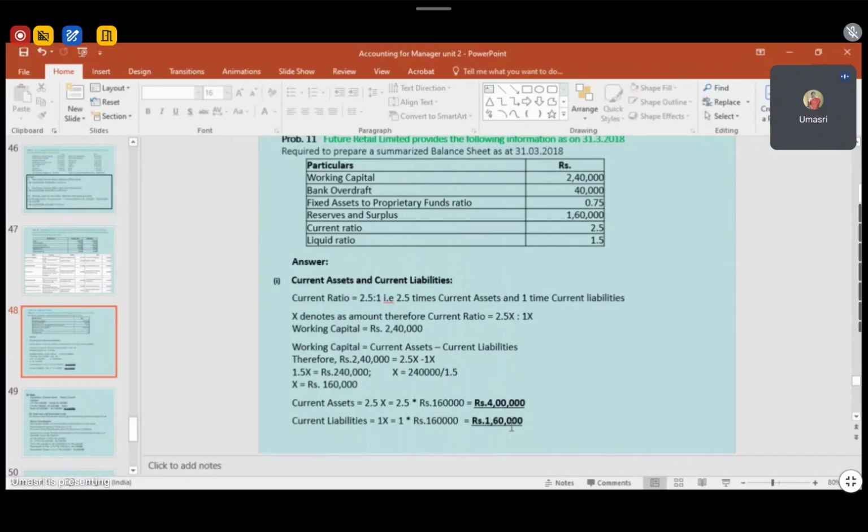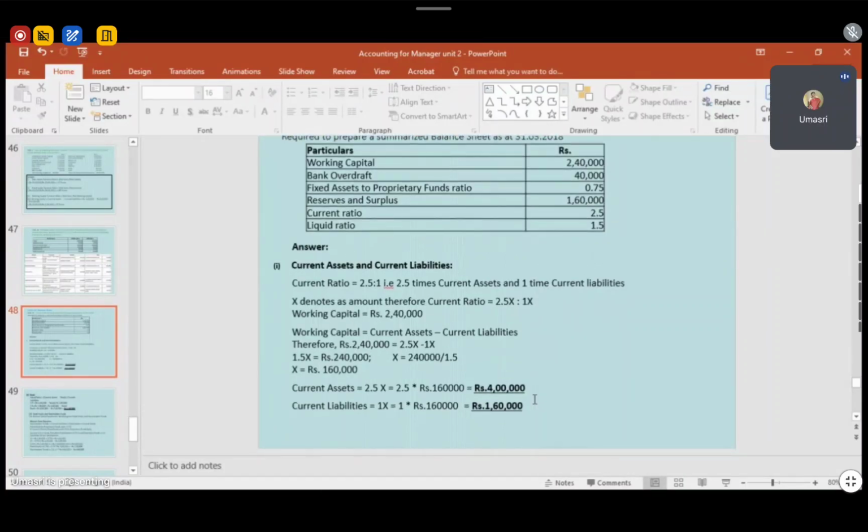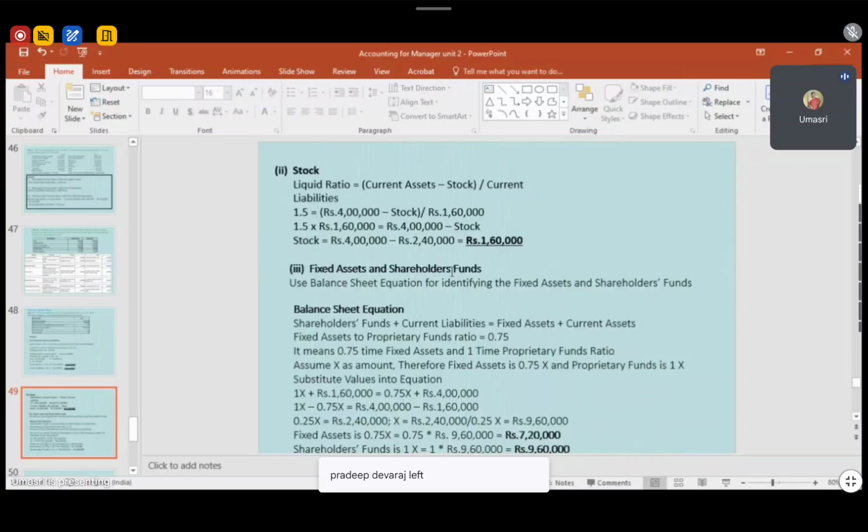One time is 1,60,000, so 1.5 times is 2,40,000. That is the liquid asset. So 4 lakhs minus 2,40,000, what is the difference? What is the stock value? 1,60,000 is your stock value.